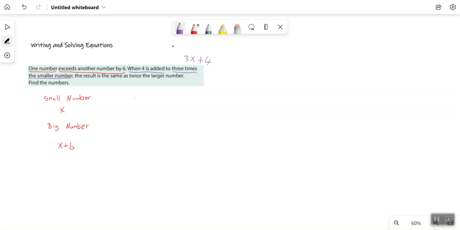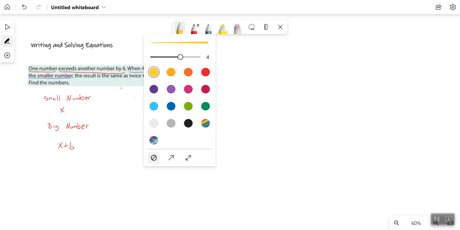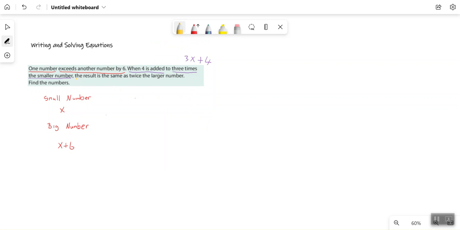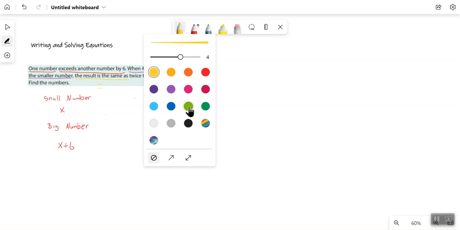The result. When you see this, the result is the same as means equal to. So the result is the same as twice the larger number. Let's put this into a different color here.